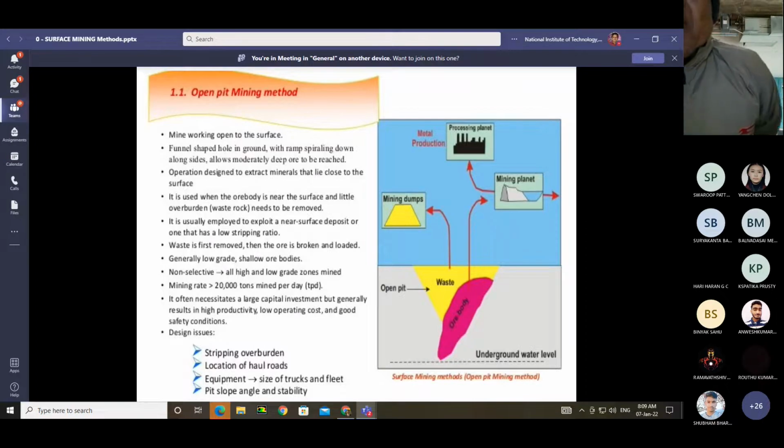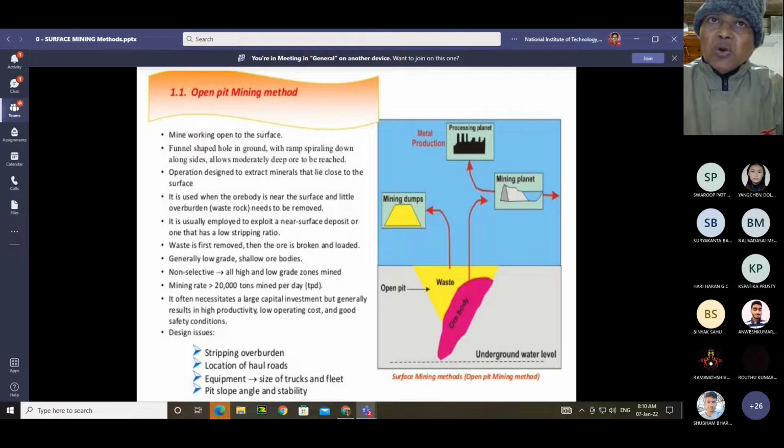Second is the location of the haul roads, on which the trucks have to move while they carry the minerals from the mine to the processing plant. The equipments which are used for drilling, for blasting, for loading, and for transportation are of different sizes.